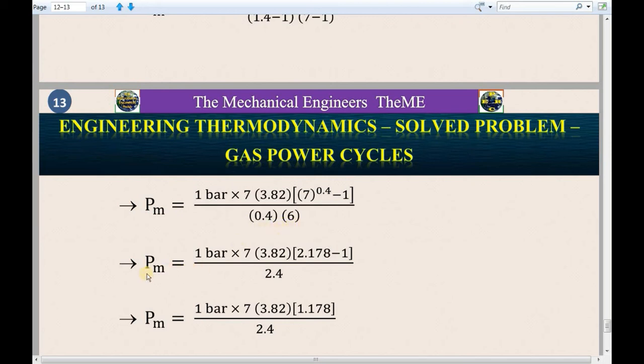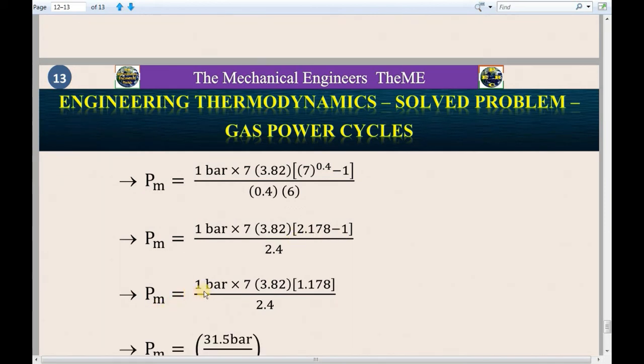So the next step will be Pm is equal to 1 bar into 7 into 3.82 into (2.178 minus 1) whole divided by 2.4. So in this numerator, 2.178 minus 1 is 1.178. So the next step will be Pm is equal to 1 bar into 7 into 3.82 into 1.178 whole divided by 2.4.